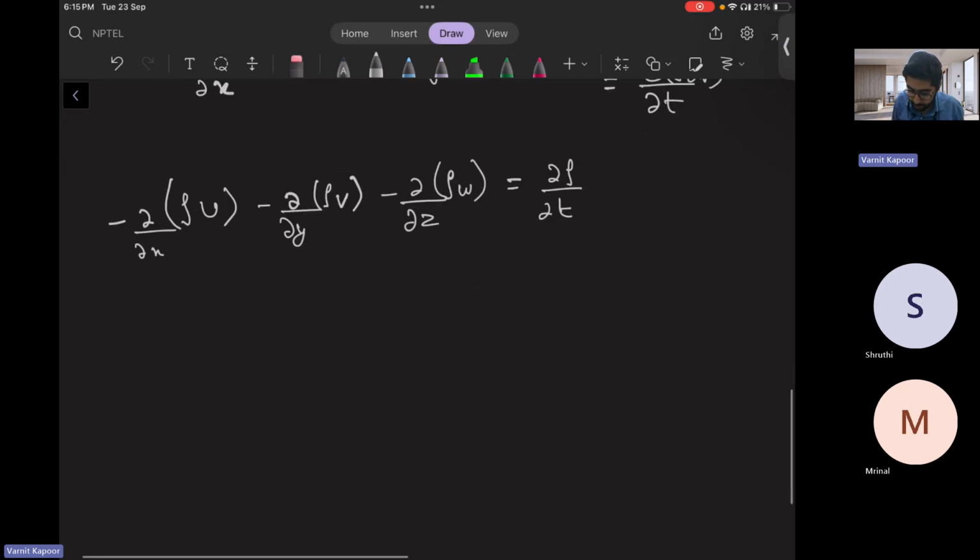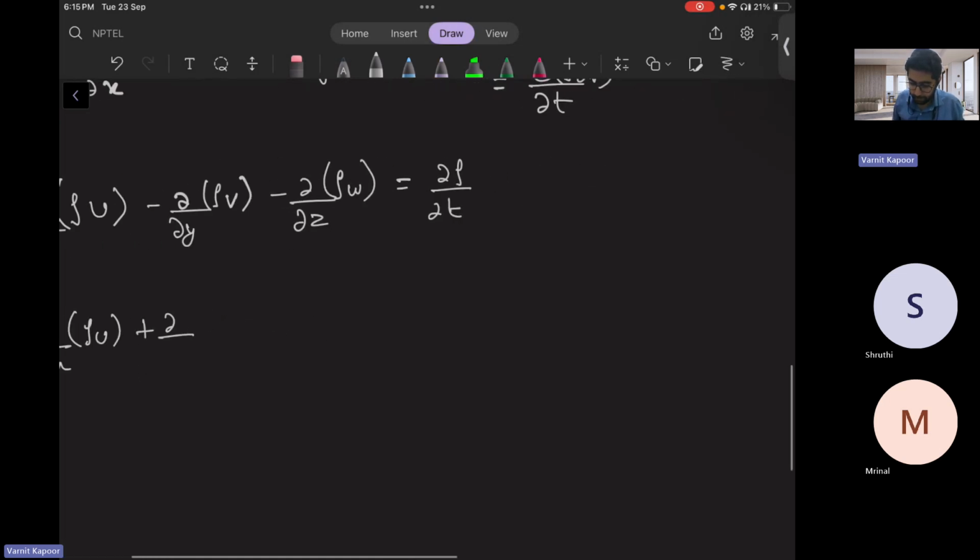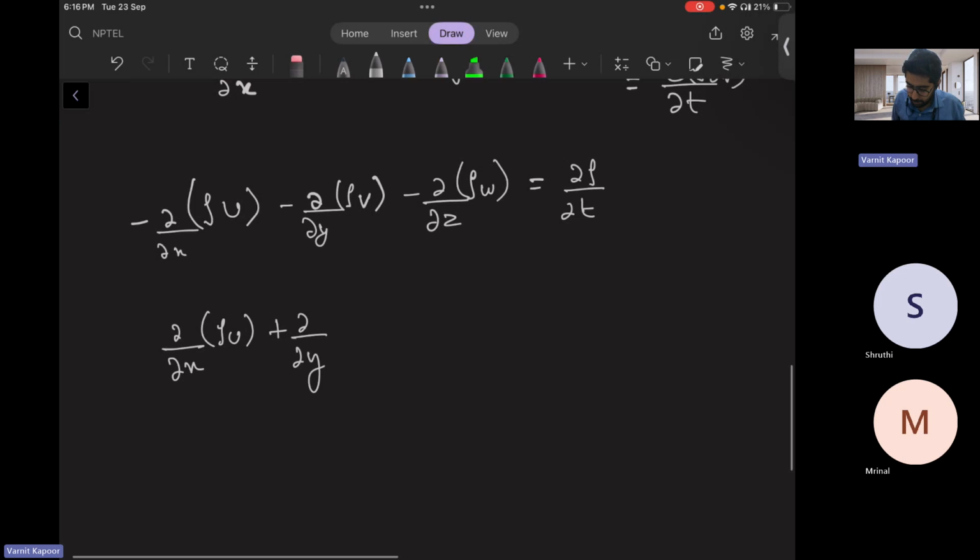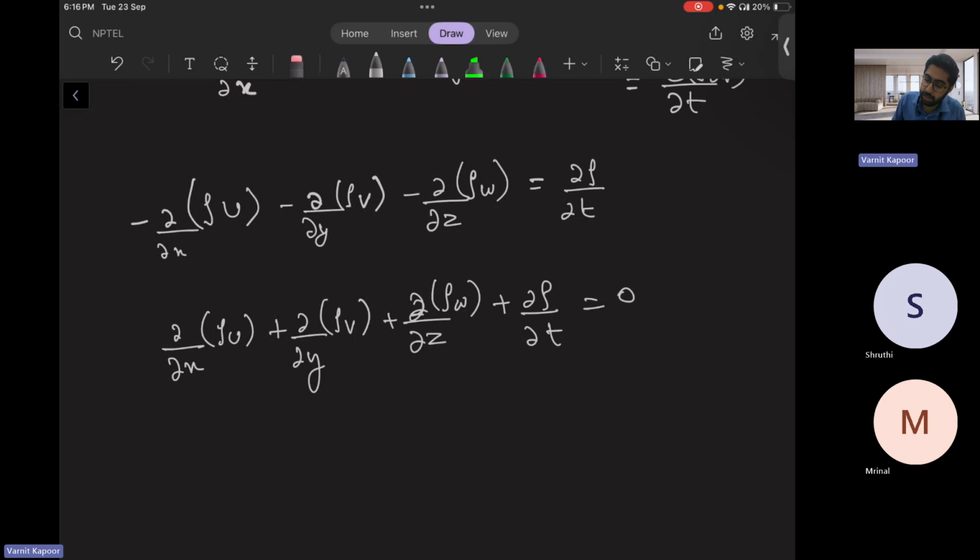If you take everything to the right hand side and equate, it is ∂/∂x of rho u plus ∂/∂y of rho v plus ∂/∂z of rho w plus ∂rho/∂t equal to 0. And this is your general mass conservation equation, or continuity equation, whatever kind of flow it is: steady, unsteady, laminar, turbulent, viscous, non-viscous, uniform, non-uniform, rotational or irrotational.